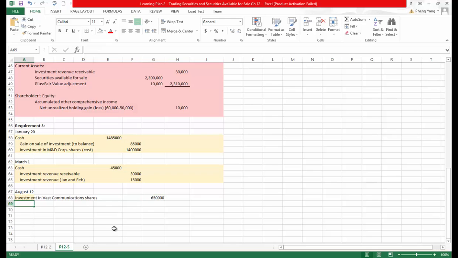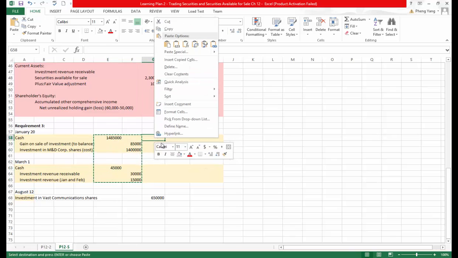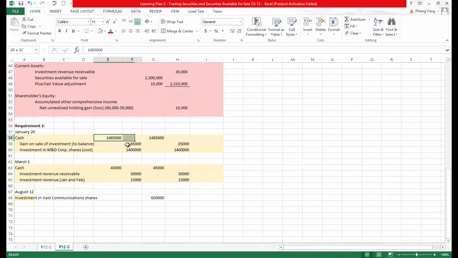Let me just copy and paste all these over here and delete these so that I make sure that they're all in order so that it doesn't confuse you later on. And then we're going to credit cash for that same amount.